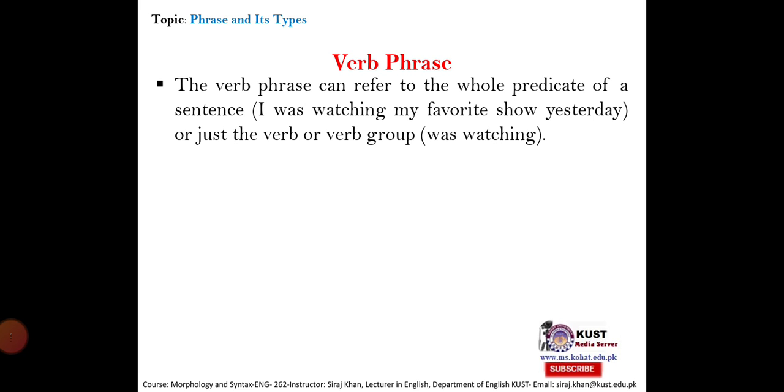Just the verb, our verb group, was watching. Here, he was waiting for the rain to stop. Helping verbs, was. Helping verbs are also known as auxiliary verbs, or linking verbs.